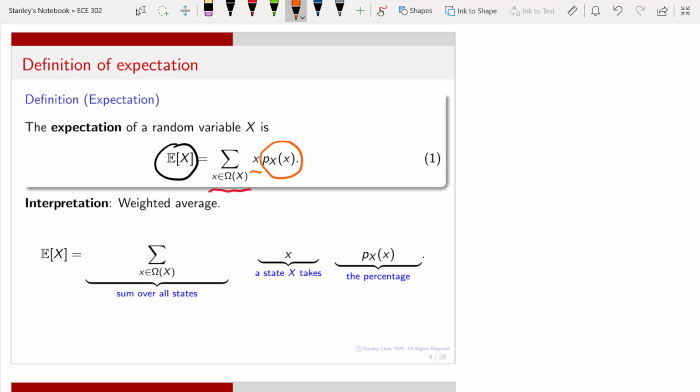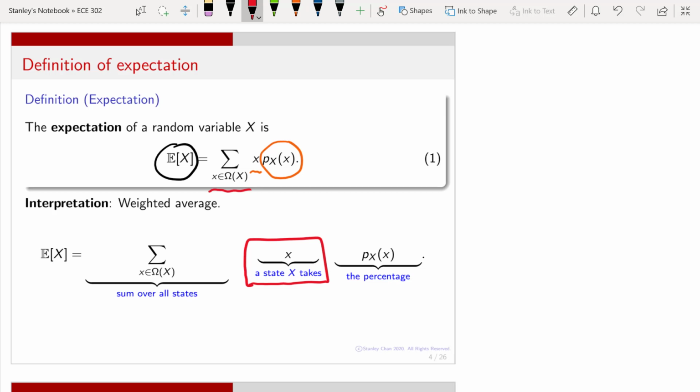If you look at the equation down here, this equation that involves a product of x and p_X can be visualized as follows. First, x is the state that the random variable X takes. Now, remember that the small x is just one of the many possible states that the random variable X can take.